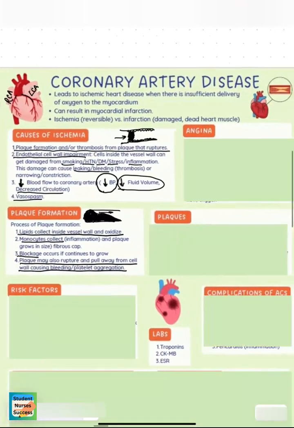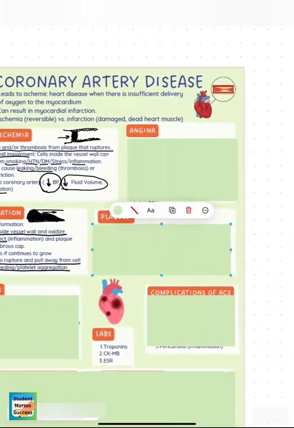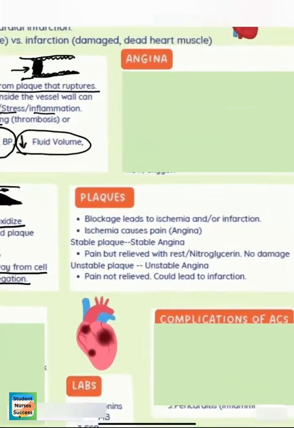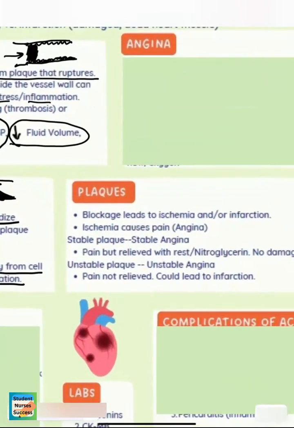So let's go over here and talk about these plaques a little bit more. These plaques that develop can actually block the arteries, leading to decreased blood flow, ischemia, or if they get completely blocked for a long enough period of time, it's going to cause necrosis known as infarction. Remember, when we don't have enough blood supply, the area will start to die and necrose.